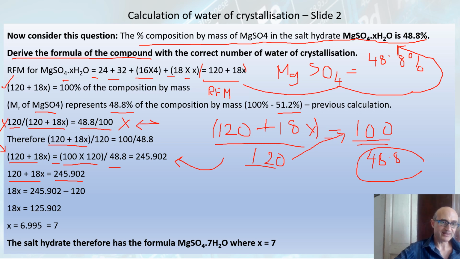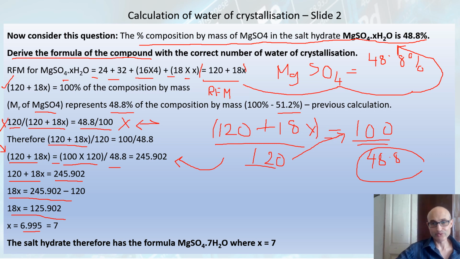You make 18x the subject of your equation as you do in maths. 18x is equal to 245.902 minus 120, which is 125.902, so x is, of course, 125.902 all over 18, which works out to be exactly this.